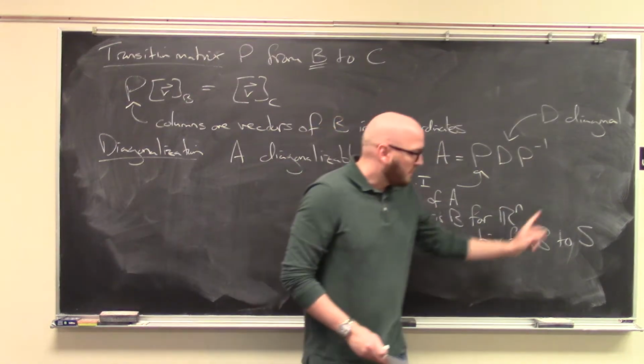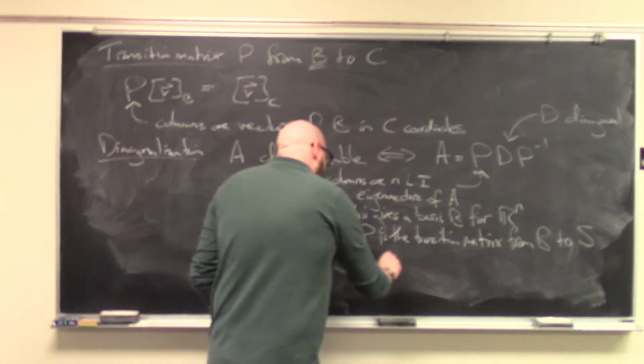And a little bit of transition matrix algebra that we didn't discuss was, this means P inverse is the transition matrix from S to B, right? If you recall that from the week before spring break.